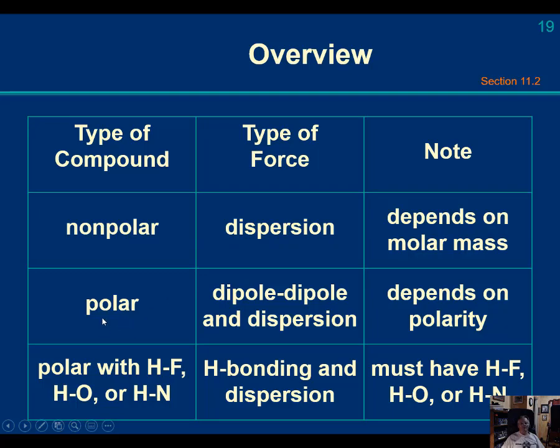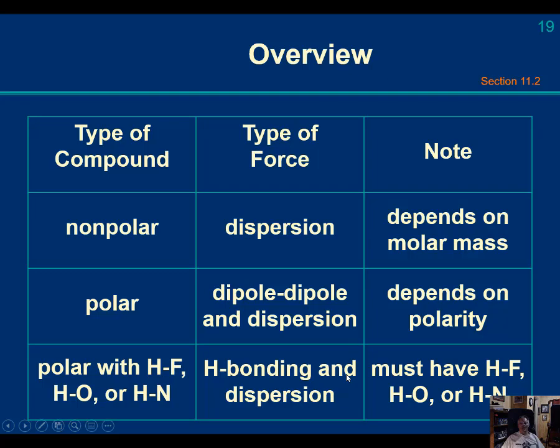Here we've got polar molecules, but not hydrogen bonding molecules. They'll have dipole-dipole forces and London forces, dispersion forces, and it depends on the polarity as to how strong those forces are, particularly the dipole-dipole forces. If you've got a polar molecule with either HF, OH, or HN, you can have hydrogen bonding, which will be the strongest.